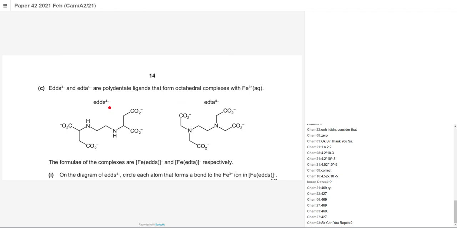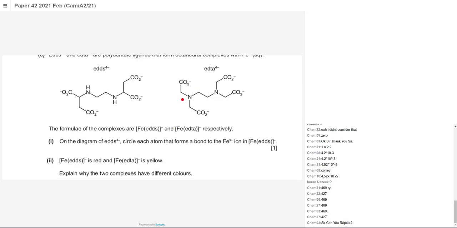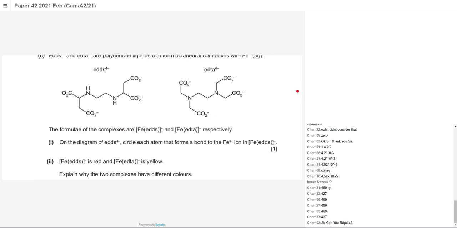EDDS 4- and EDTA 4- are polydentate ligands that form octahedral complexes with Fe3+, ferric. The formulas of the complexes are given, and iron is 3+ in both.